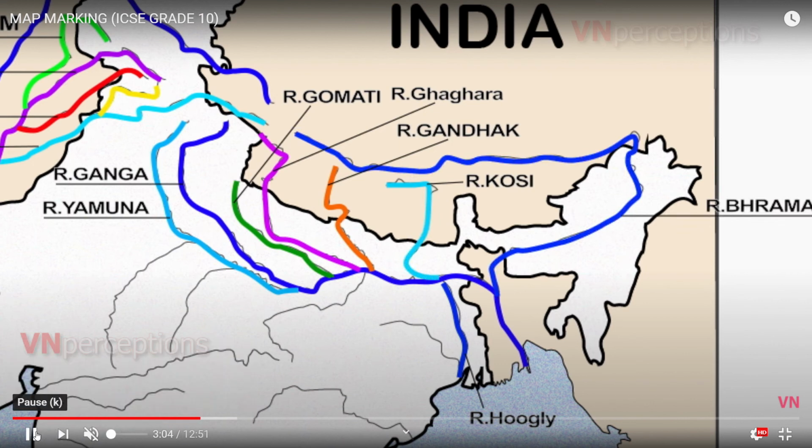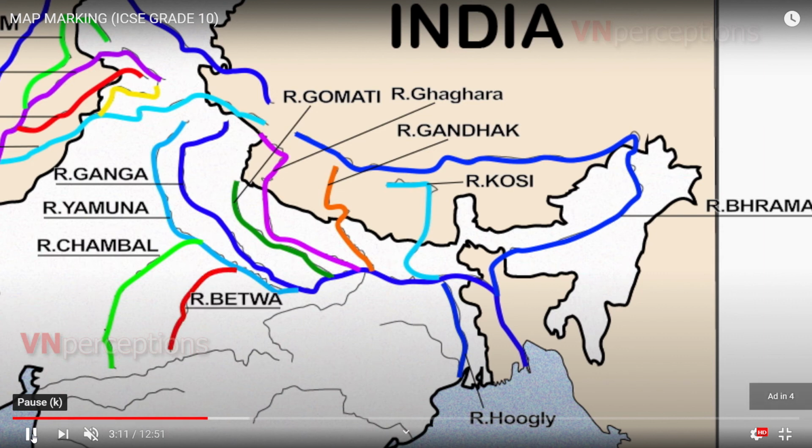River Ganga is also joined by several tributaries from the south. River Chambal joins River Yamuna, and then further joins River Ganga. River Chambal comes from peninsular India and joins River Yamuna. River Betwa also joins, and here is Betwa and here is Son. These are the rivers which join River Ganga from the southern side.